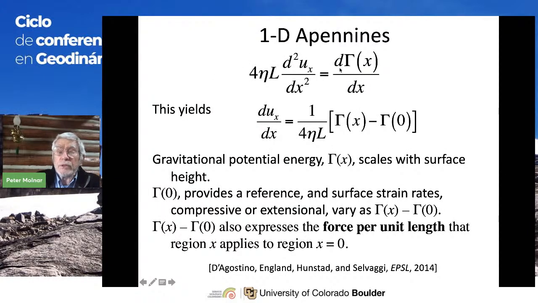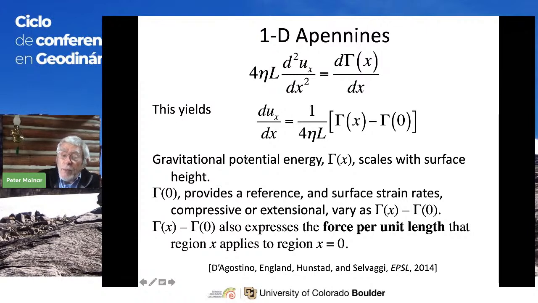We take that equation, integrate it, and we get the gradient in the horizontal component of velocity. Moving the 4 eta to the other side, we wind up with this simple expression, where gamma is the value of the potential energy per unit area where x equals 0.